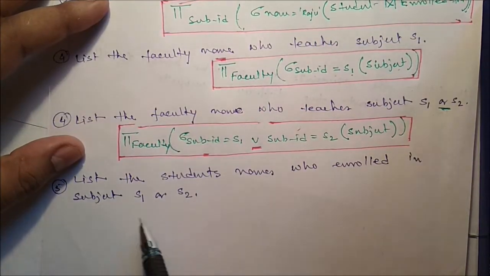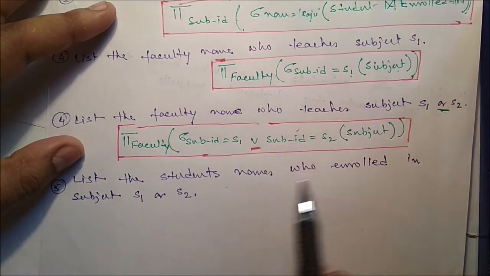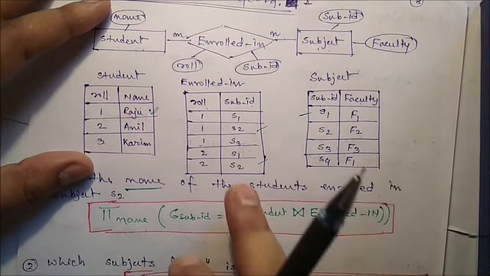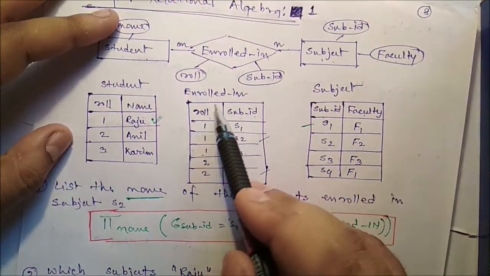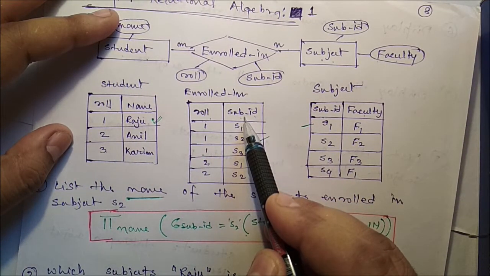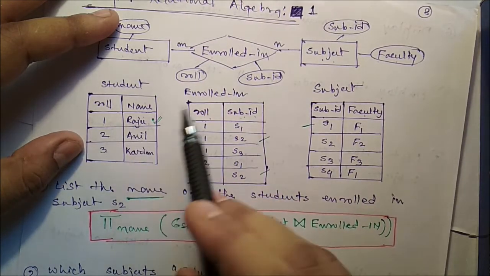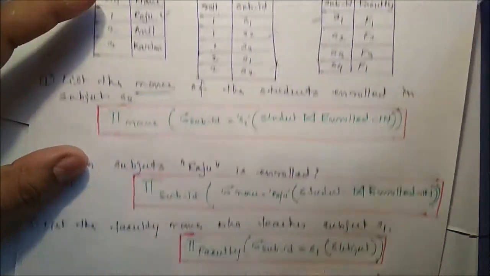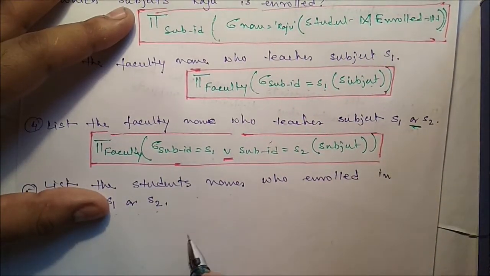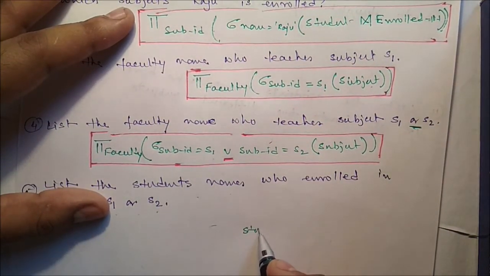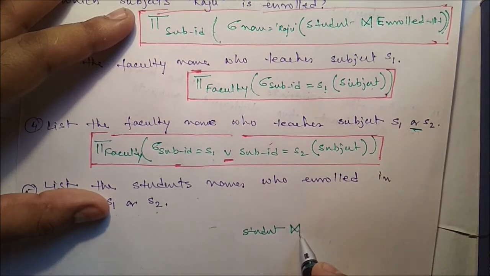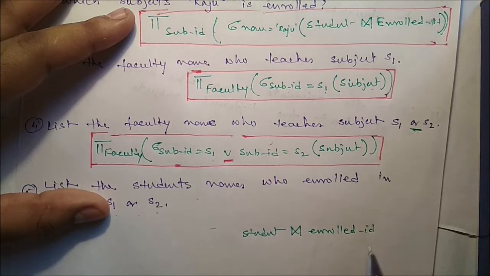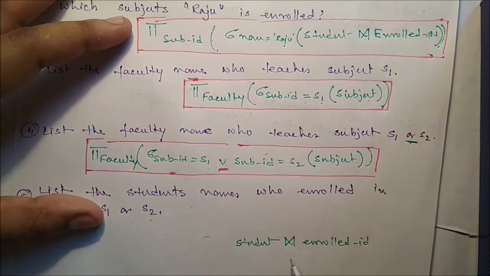Next is: list the students' names who enroll in subject S1 or S2. Here we have seen the relationship between roll number and subject ID, but we need the student name. That means we have to apply a natural join between student and enrolled in.